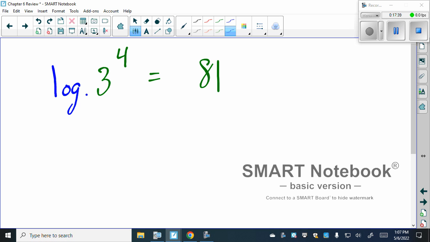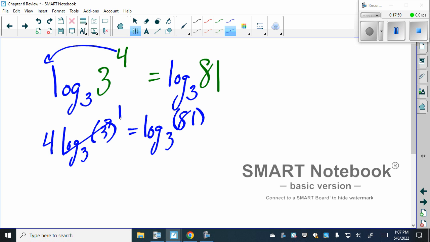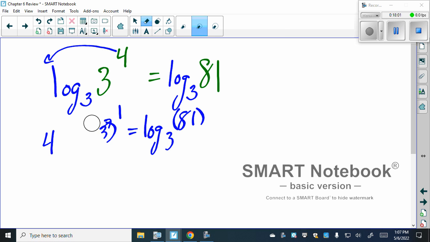So if I apply log base 3 to both sides, we can move the 4 out front. I've got 4 log base 3 of 3 equals log base 3 of 81. Well, log base 3 of 3 is just 1. So really, that's gone.